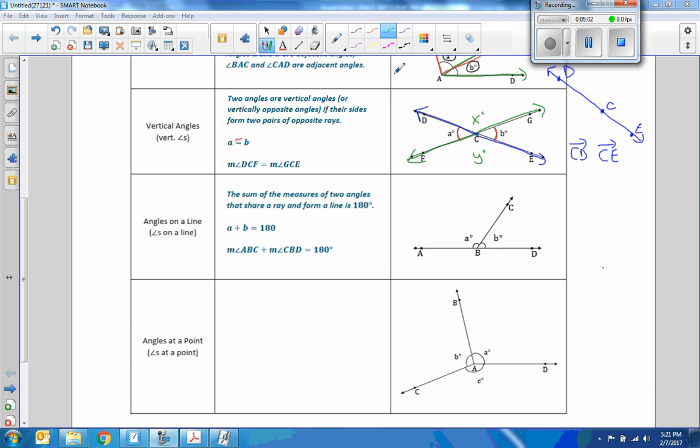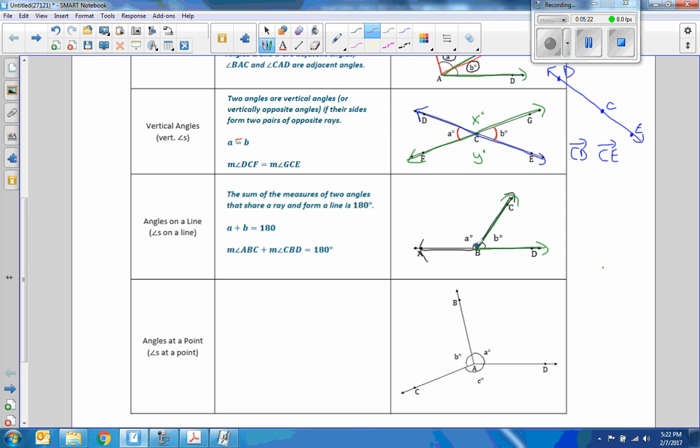When they say share the same ray, here's ray BA, here's ray BC. Ray BC is also used to form angle CBD, so that is a shared ray.